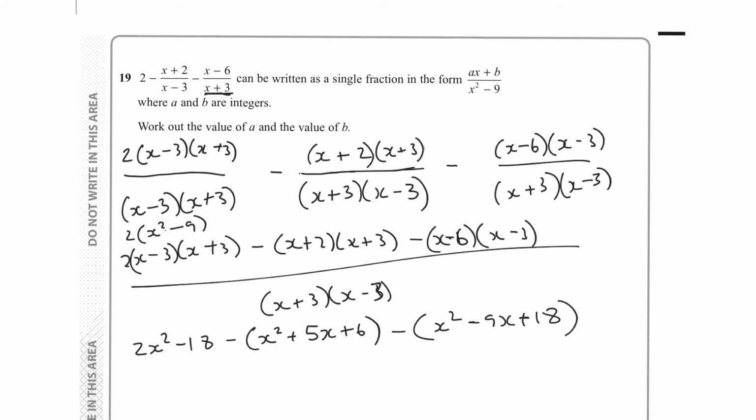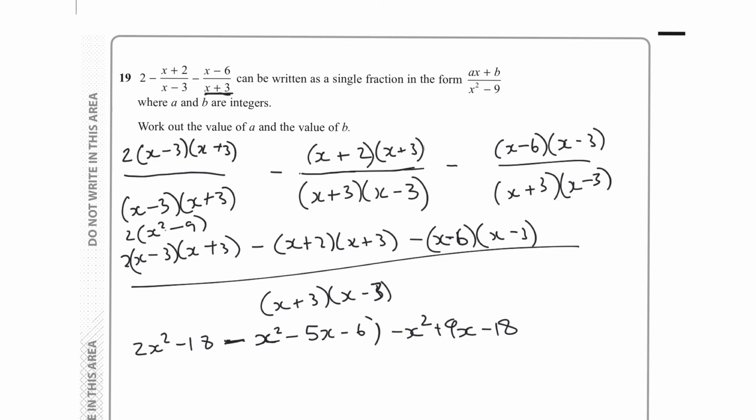If we now want to remove the brackets for the other two, you multiply everything by minus 1. So it will be minus x squared minus 5x minus 6, minus x squared plus 9x minus 18, because you're multiplying that by minus 1.